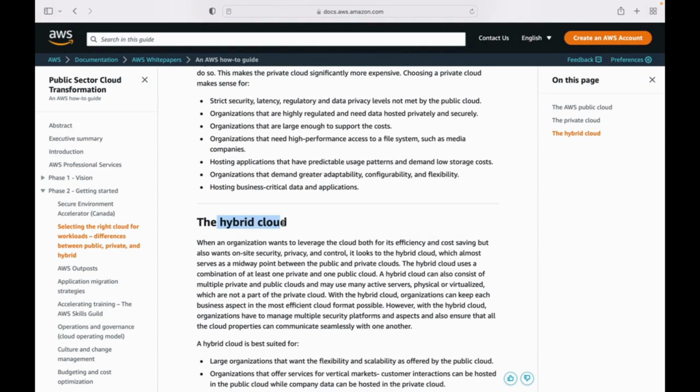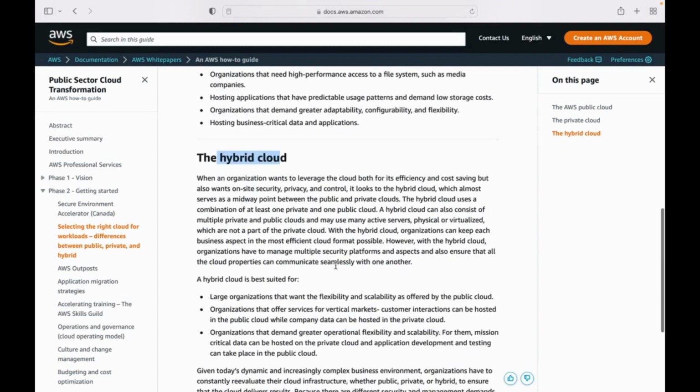It means some portion of your infrastructure will be exposed as a public cloud, and some portion will be exposed as a private cloud, because both clouds provide their own advantages. If the customer wants to utilize the advantages of both, then they will go with hybrid cloud. The hybrid cloud model is best suited for large organizations that want the flexibility and scalability offered by the public cloud, and the security and access control offered by the private cloud.